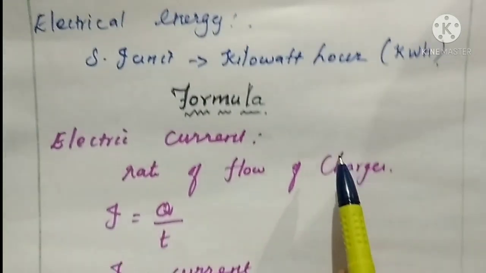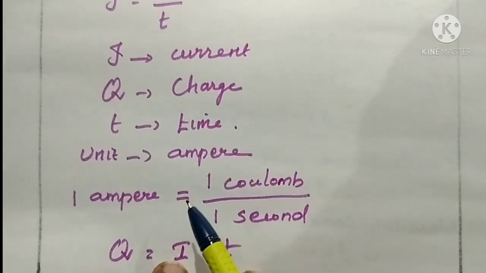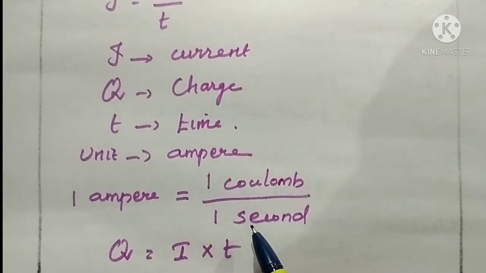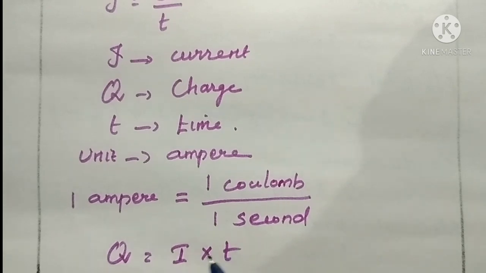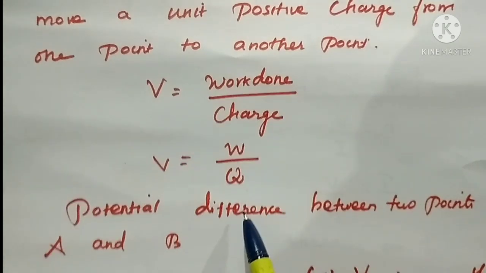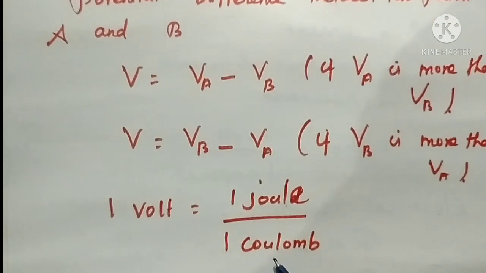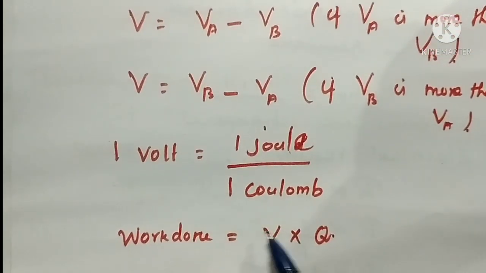And we learned the formulas. Current I is equal to Q by T; 1 ampere is equal to 1 coulomb by 1 second. Charge Q is equal to current into time. Potential difference is work done by charge; 1 volt is equal to 1 joule by 1 coulomb. Work done is equal to potential difference into charge.